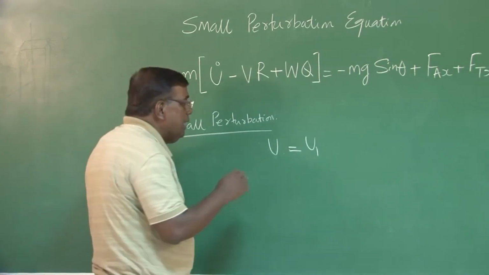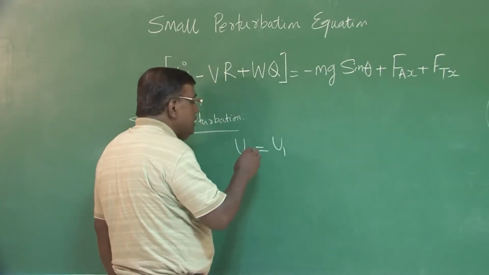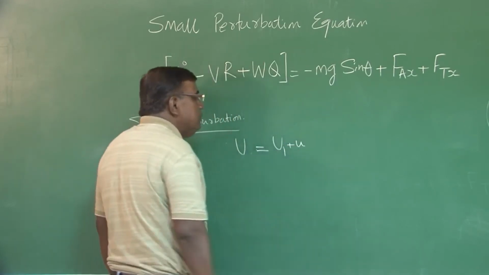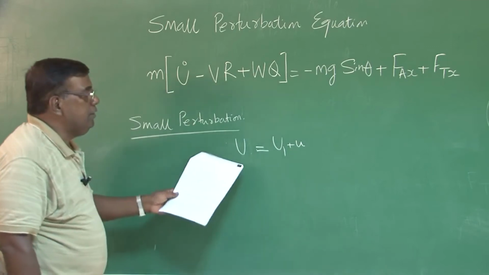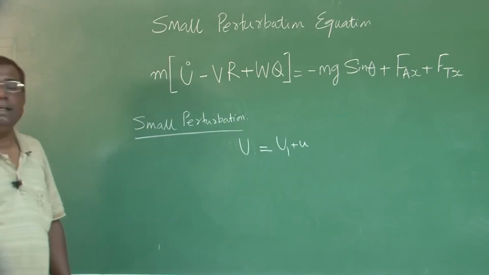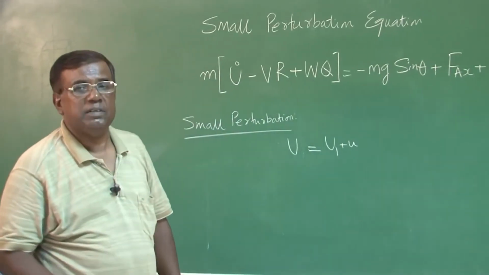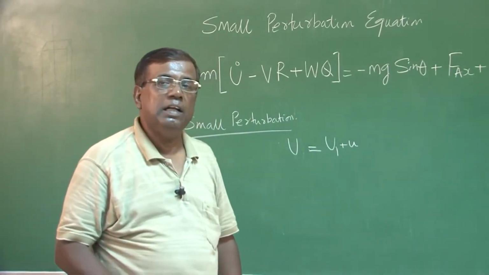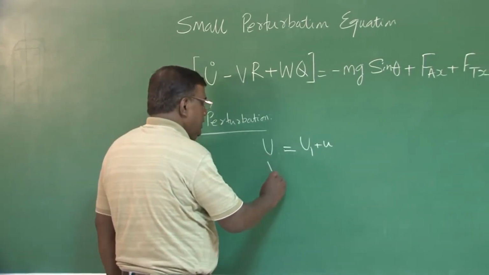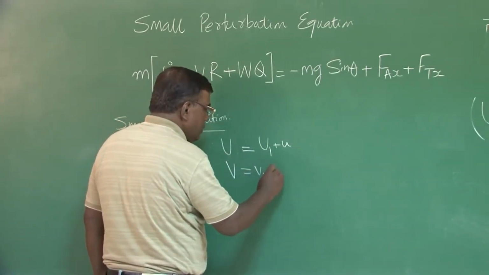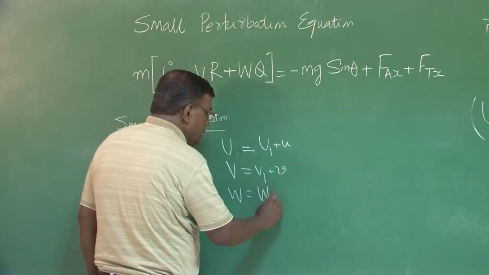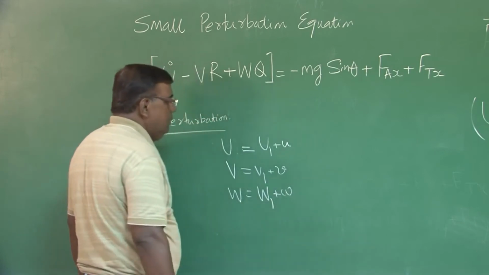So, one I can write under a small perturbation is, if this is the steady state condition and this is the perturbation introduced small u, then total velocity I can write as the sum of this. That is the advantage of small perturbation under the domain of linear approximation, right. Similarly, if I say V, I write V1 plus small v, W, W1 plus small w, right.